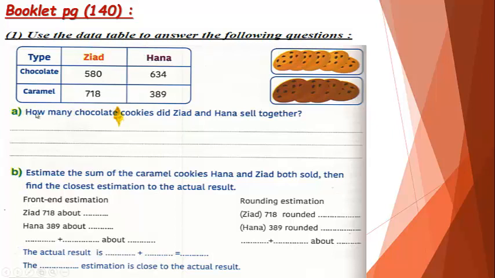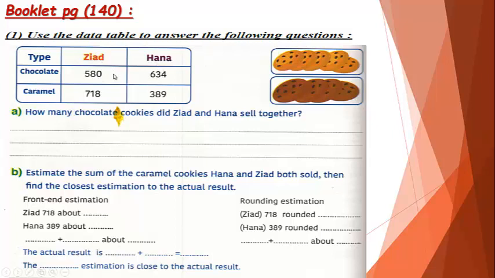Okay, the first one: how many chocolate cookies did Ziad and Hannah sell together? I have here a data table for Ziad and Hannah. They have sold some cookies, and I want to find how many chocolate cookies both of them sold. Ziad sold 580 and Hannah sold 634.